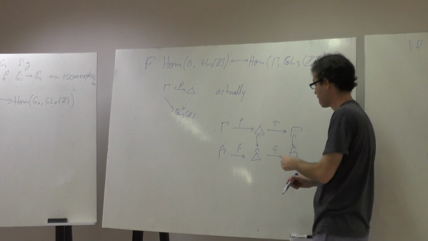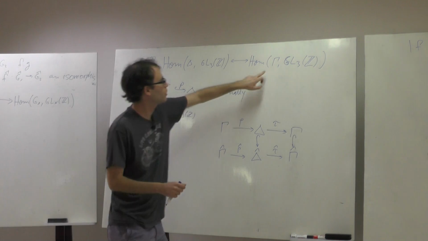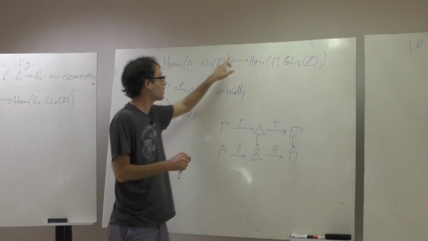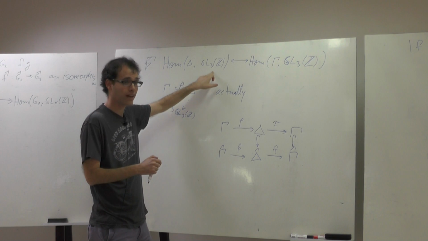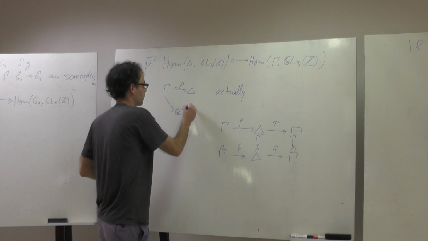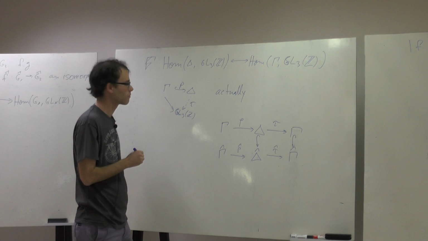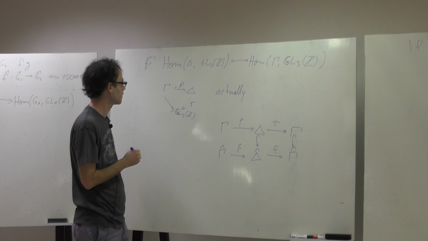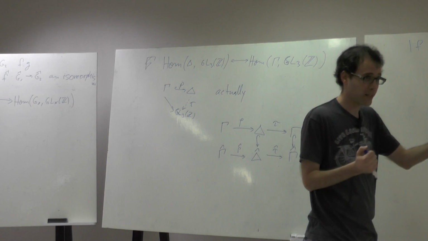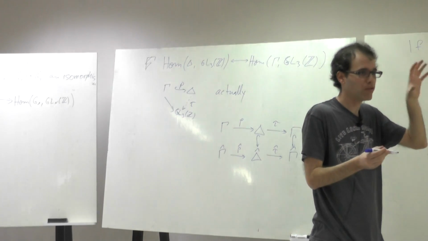Tau is this extension. Here you have the embedding into GLN. By Grothendieck, it extends to a map, which I call tau. This dotted arrow is the embedding of SL3 inside GL3.